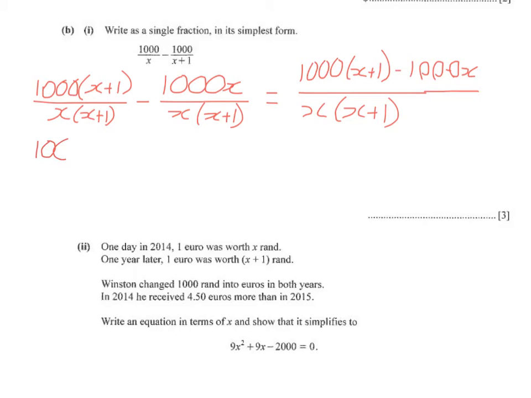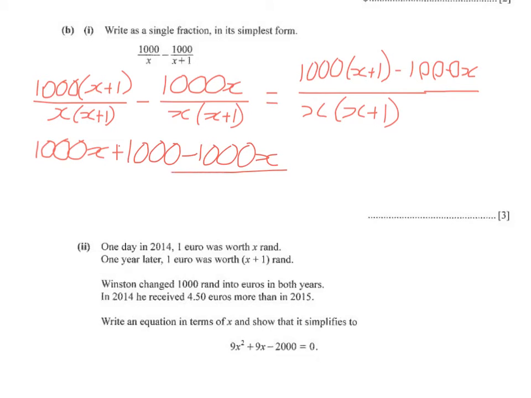So on the numerator I get 1000 times x, and then 1000 times 1, which is just 1000. And then my negative 1000x stays there, which is excellent.